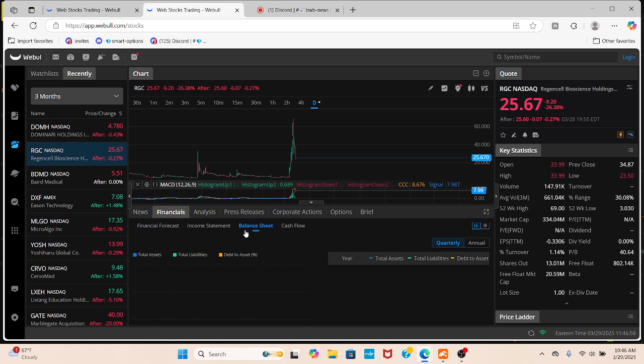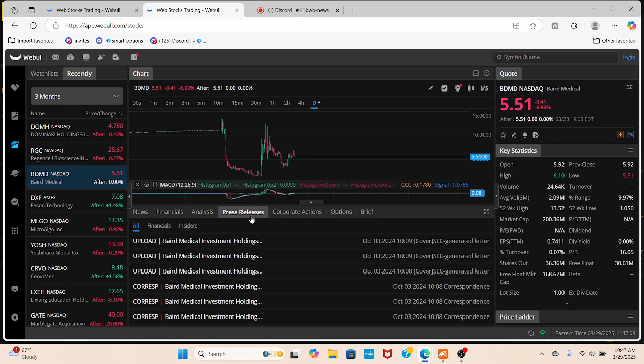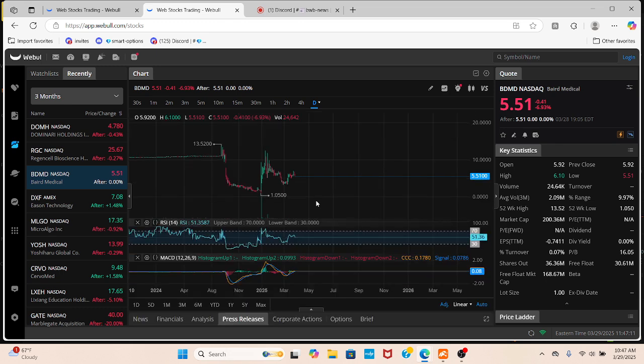You do need to keep up with your balance sheets, which will indicate if things are bullish or bearish. You need to keep up with your analysis, checking out your order flows and your short interest, to make sure you can tell if things are bullish or bearish. We're about to talk more about all those things in other lessons. Like I say, I don't want to overwhelm you with too much in just one.